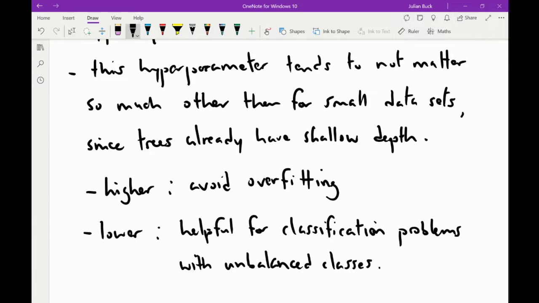And so why is that? Why does that matter? Like, why is a lower value of minimum node size helpful there? Because in some sense, if you have too many observations at a single node, and you're classifying on categorical variables, you're just splitting on them. The ones where there are relatively few values are often going to dominate over the ones where there are lots of values.